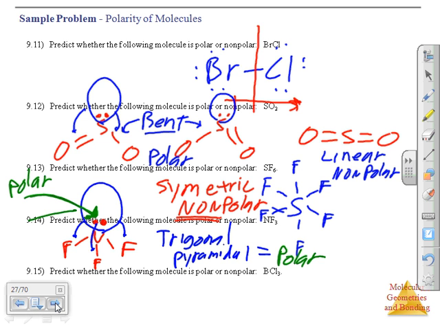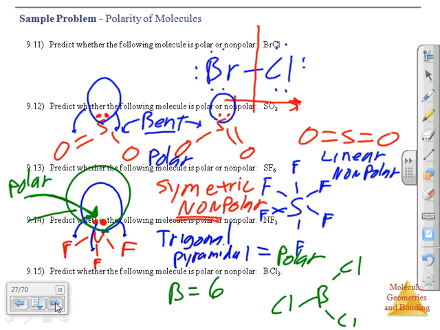These electrons here, this big electron domain, will push the other atoms aside, making it non-symmetric, and you'll end up with a polar molecule. Let's do this last one, BCl3, Cl, Cl, Cl. Here again, boron needs 6 electrons around it, around that central atom.